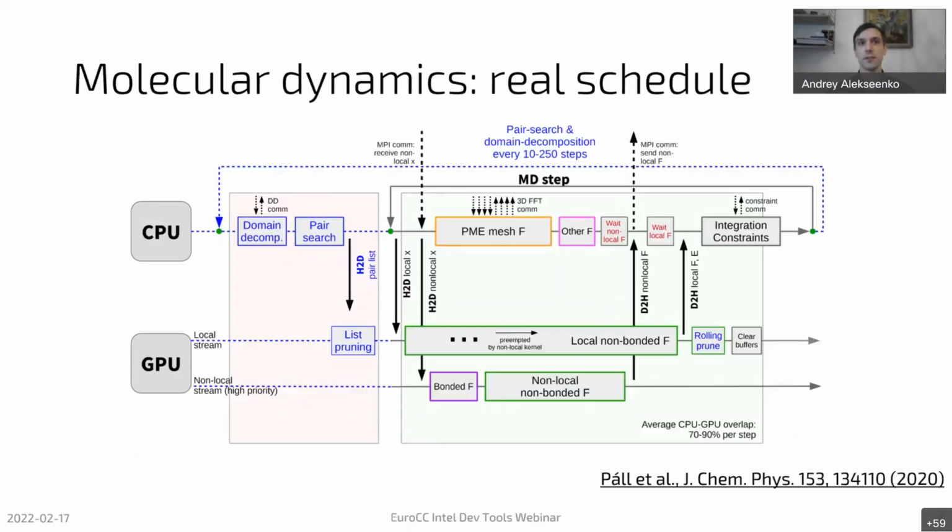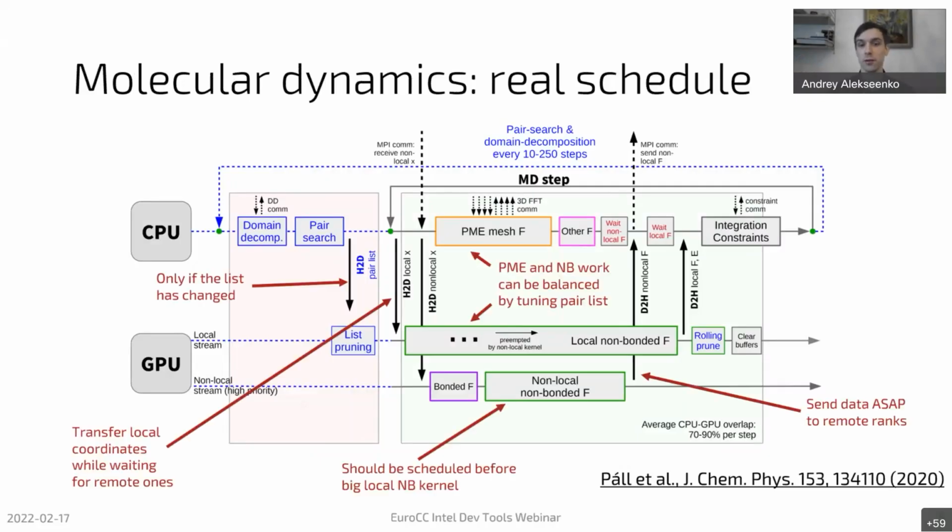So as a result, the real MD loop is much more complex than the simple picture I have shown a few slides back. Because we have loads split between CPUs and GPUs, we have multiple data transfers.